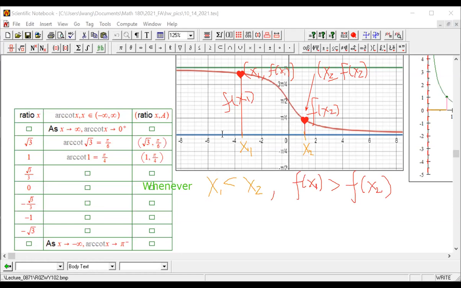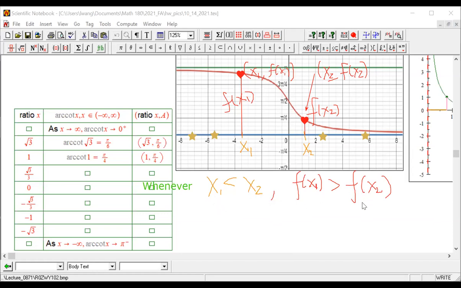So you can choose arbitrary x1 less than x2. You can pick your x1 here, x2 here, x1 here, x2 there. Arbitrarily chosen. Whenever means x1, x2 are chosen arbitrarily, but x1 is smaller, less than the other.